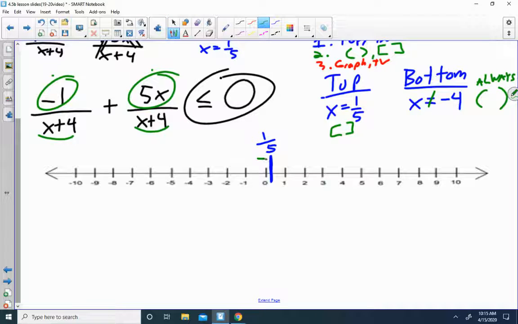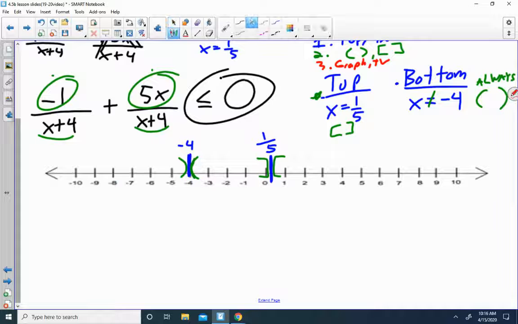And we're going to have closed brackets on 1/5, because that's what the top is. Then at the bottom, we have negative 4. Right at negative 4, we're going to have a border line, and that one's going to have open parentheses.